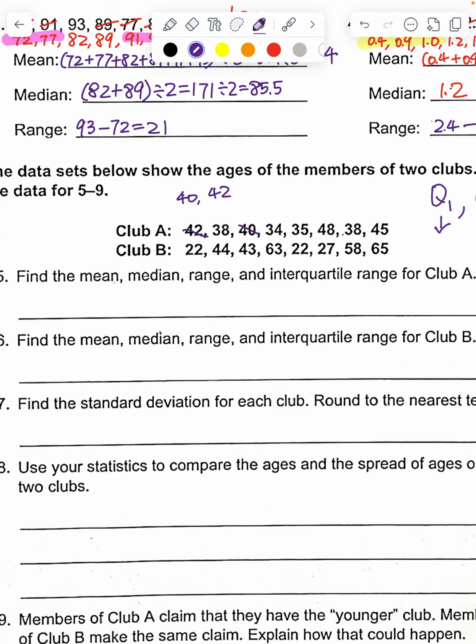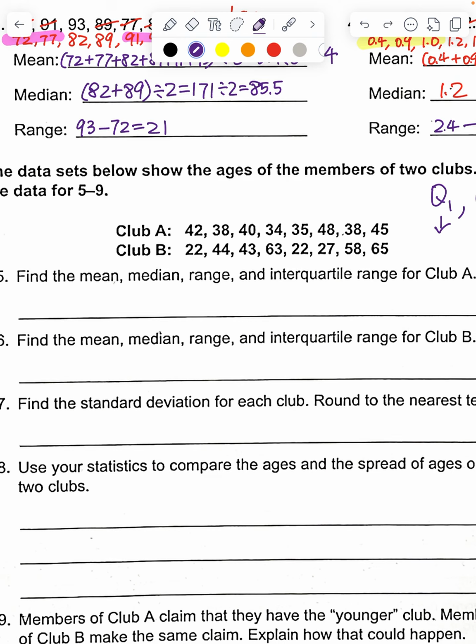Oh, no, I made a mistake. See, in math, it's very easy to make mistakes sometimes. The smallest one is 34. So 34, and then 35.